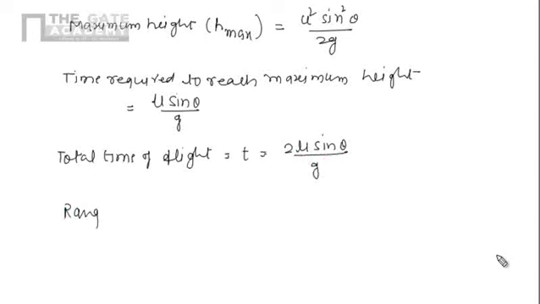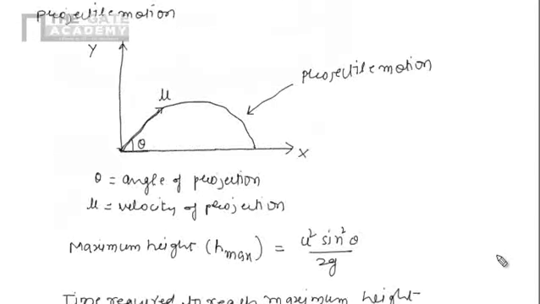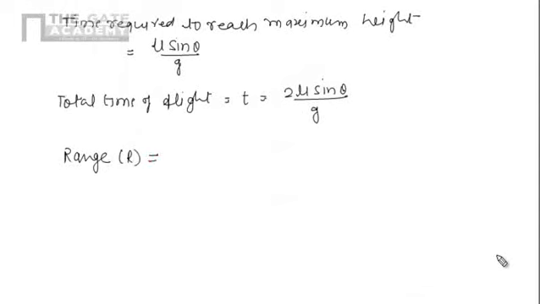Range is nothing but the horizontal distance traveled. This is the range. Suppose I am at point O and now the body is at point A. So this O to A distance, the horizontal distance, is called range. The formula for range is u square sine 2 theta by g.